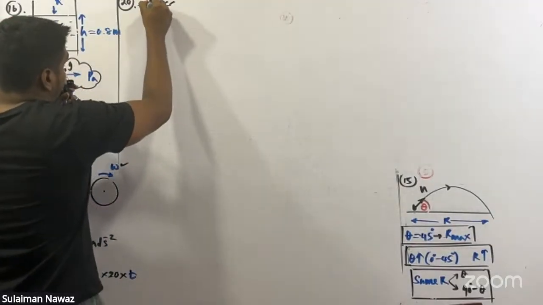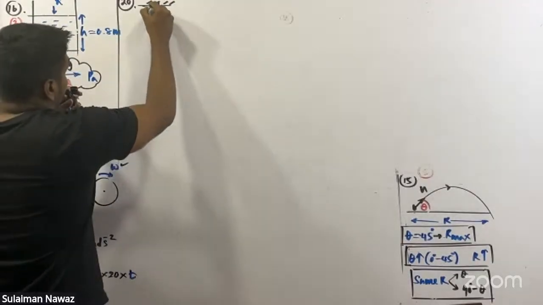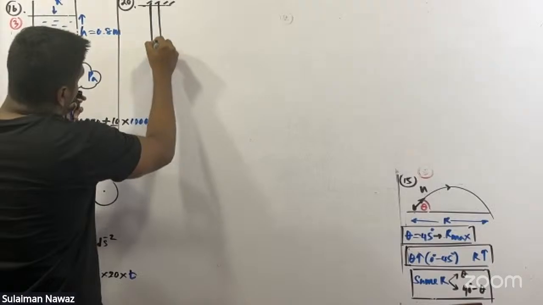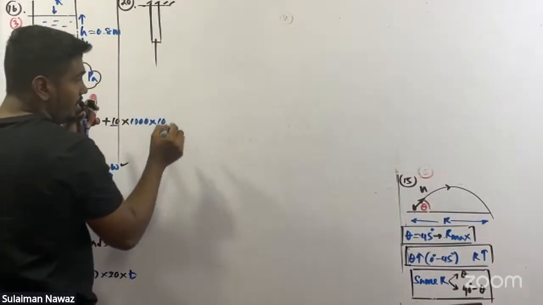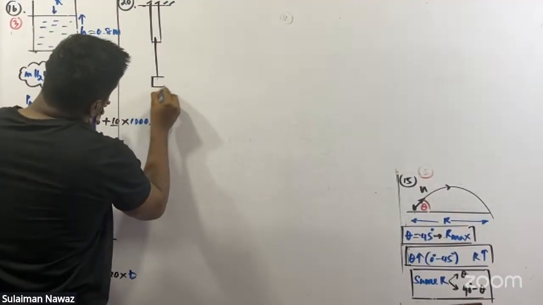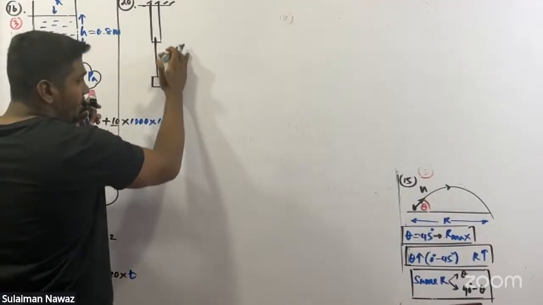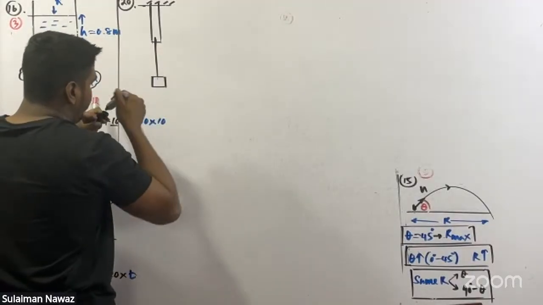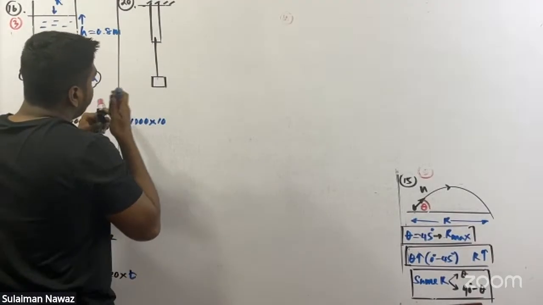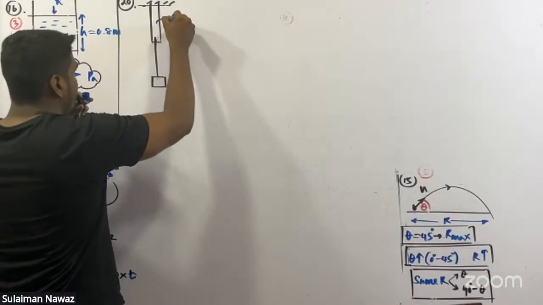A thicker string, and a thinner string, and the mass is capital M. Remember, I thought the thinner string does not have any mass, but the thicker string has a mass M.